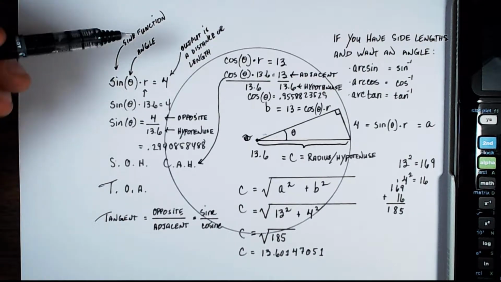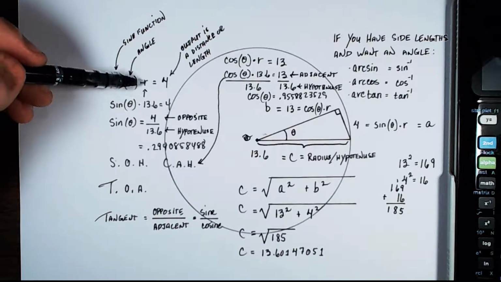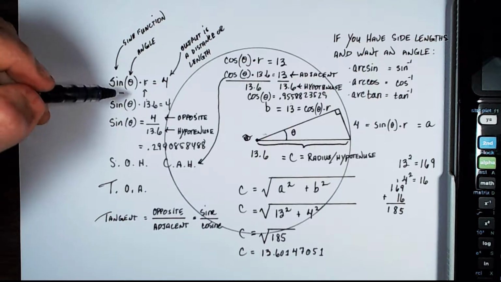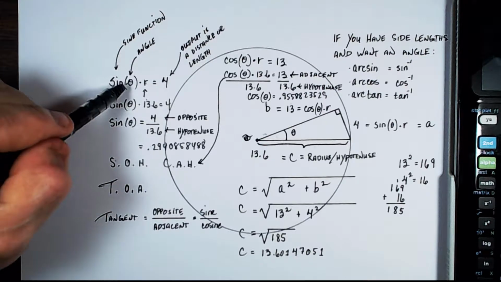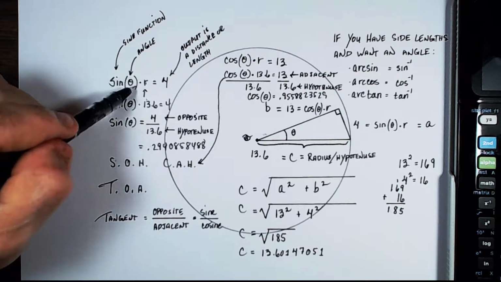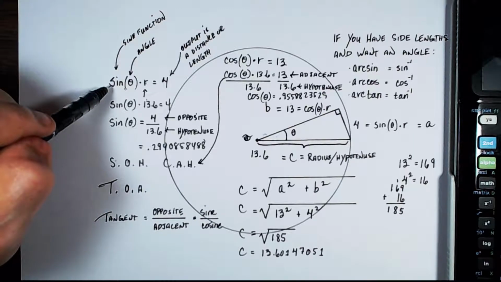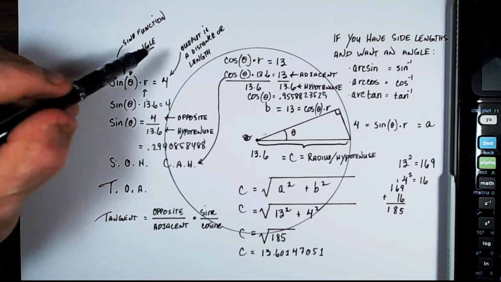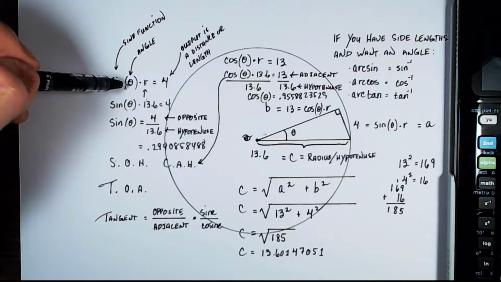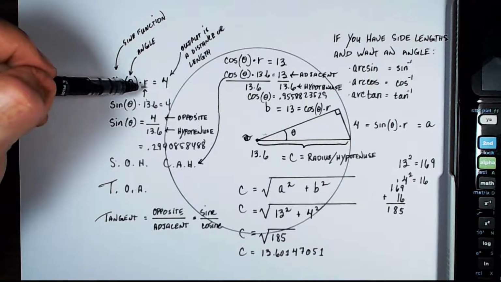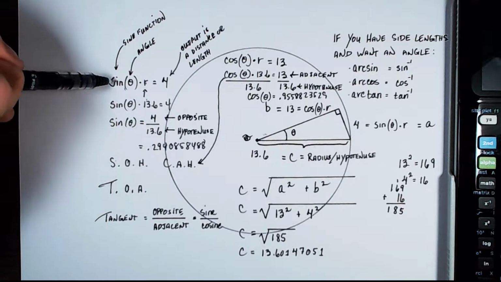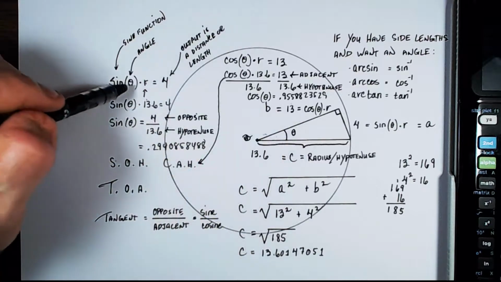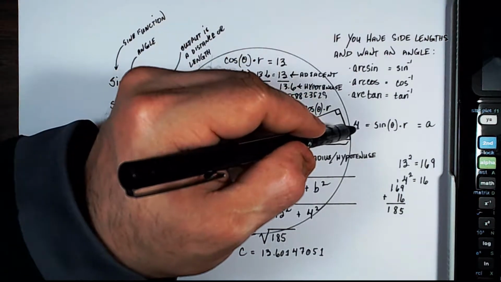So we're multiplying it by this scaling factor we're calling the radius. But when you put an angle inside those parentheses and you use this sine function, what comes out is a distance. As a matter of fact, when you put in an angle into sine and multiply it by 13.6, if you put in whatever theta is, you will get 4.